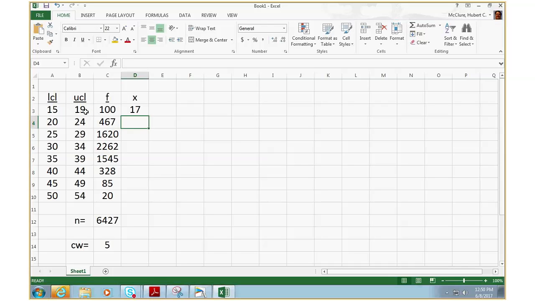Now, do you have to calculate each one, or can you just add the class width? You can just add the class width. So I'm just going to take equals this, which is D3, and I'm going to add this number right here, and I'm going to hit F4. That's just Excel stuff.